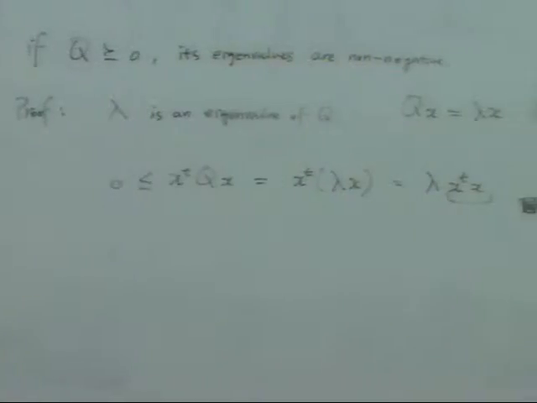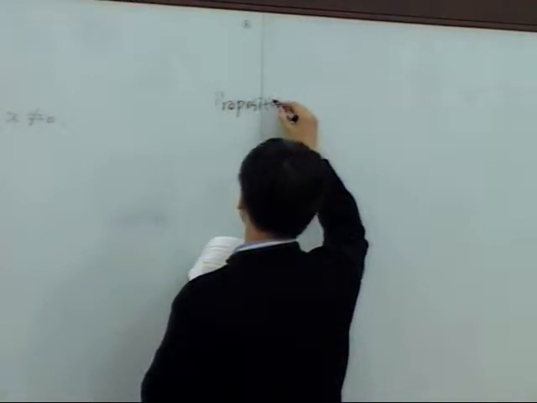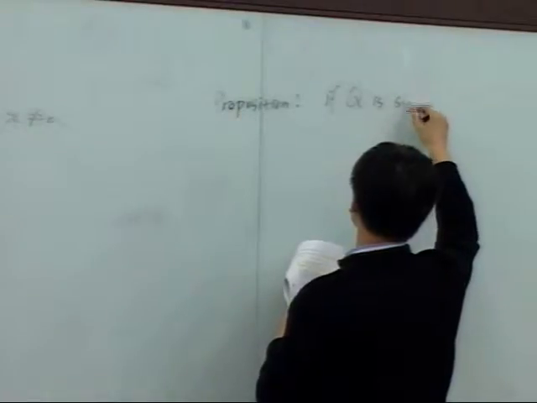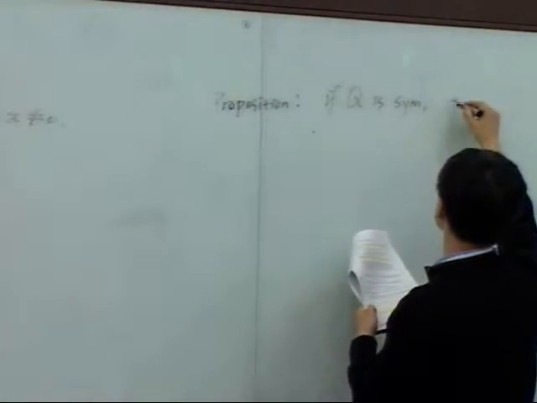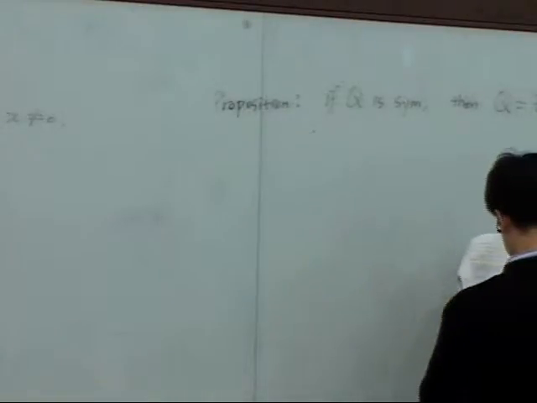Okay, another very important thing is another proposition. Okay, if Q is symmetric, then Q is equal to R D R transpose, where R is an orthonormal matrix.